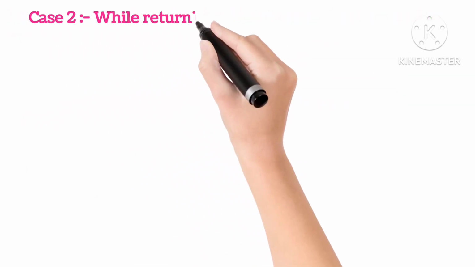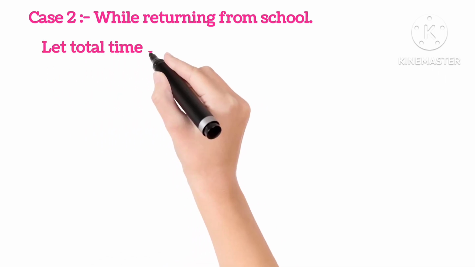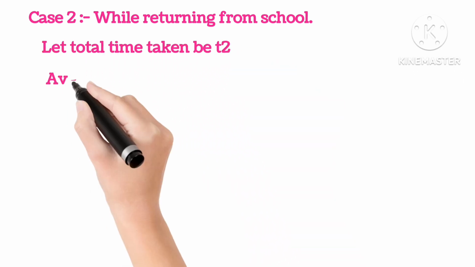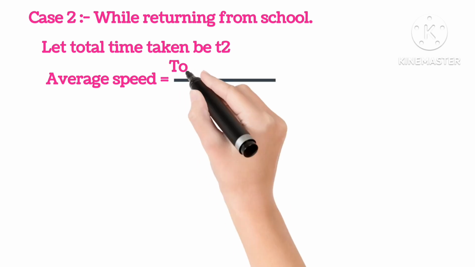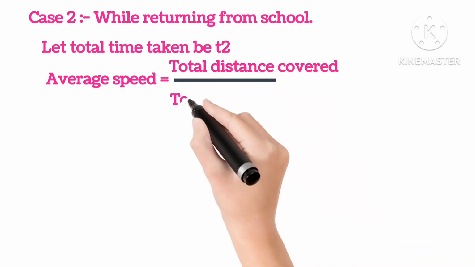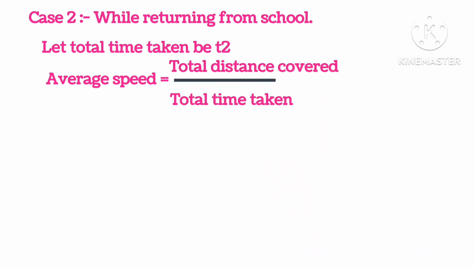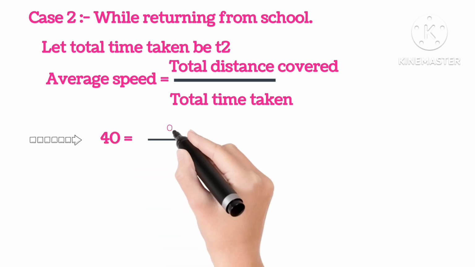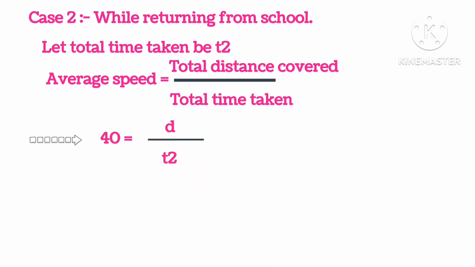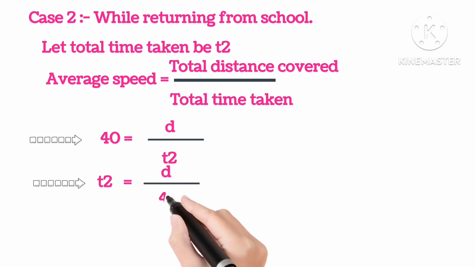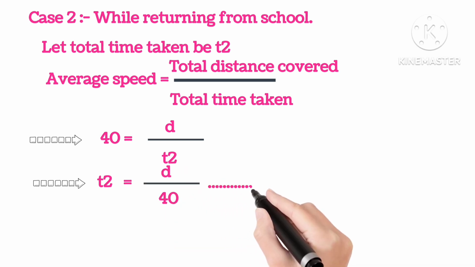Now for case 2, while returning from school, let the total time taken here be t2. Average speed is equal to total distance upon total time. Putting all the values in the second case, speed is 40, distance is d, time is t2. So t2 will be d upon 40. This will be our second equation.